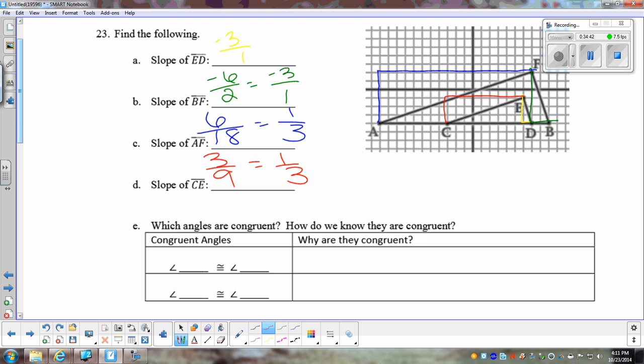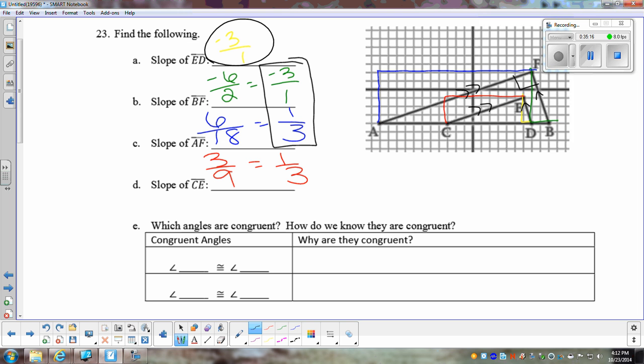So I have some parallel lines in there, and I also have some perpendiculars. Let's look at what we have. Since ED and BF have the same slope, I know that ED is parallel to FB. Since AF and CE have the same slopes, I know AF is parallel to CE. If I look here, I know that BF and AF have opposite reciprocal slopes, so I know that there's a right angle.